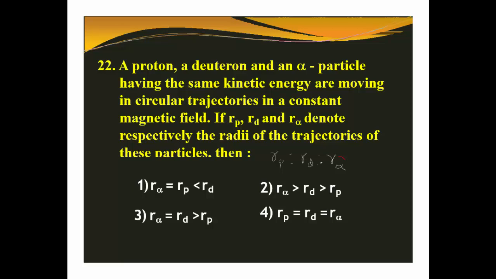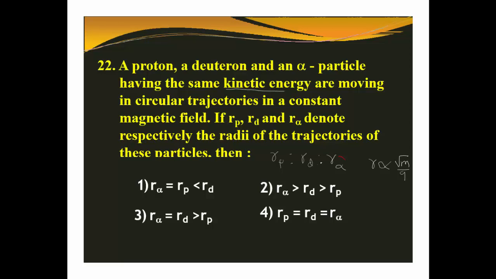First we go for the relation. For any particle describing a circular path in a constant magnetic field, here I will go for the formula. The radius of a circular path is directly proportional to the square root of mass, and inversely proportional to charge, for particles having the same kinetic energy.